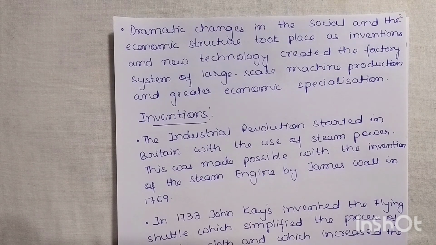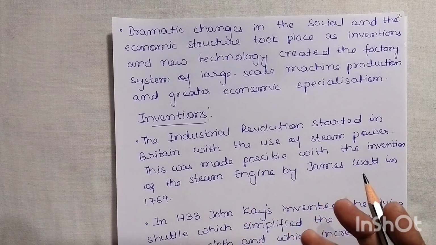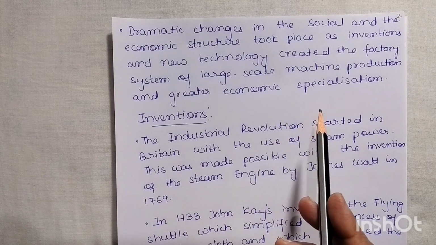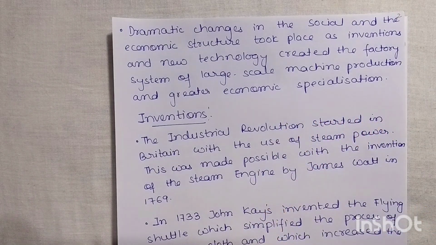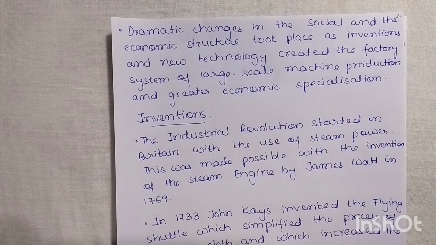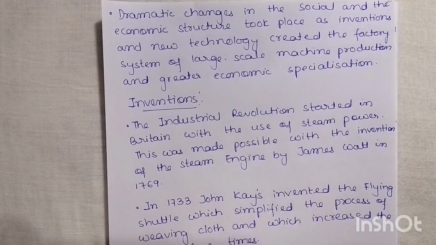Not only this, the use of huge infrastructure, manpower and large capital investment began. So we have seen a lot of changes in the society and in the economic structure, as inventions and new technology created the factory system in a very big way. Not only this, it also increased the economy.